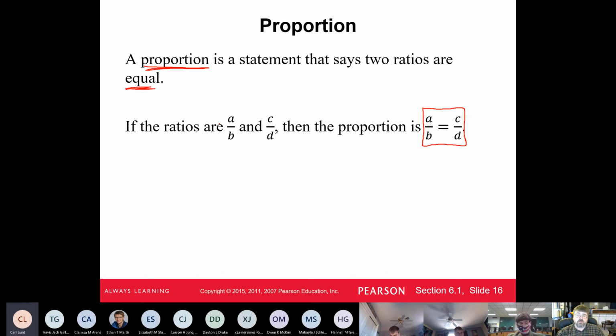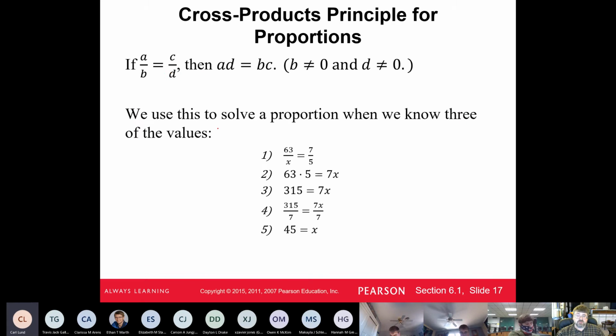We solve proportions by cross multiplication. If A over B equals C over D, then it's true that the product A times D equals the product B times C. This is one of the few times when we actually do cross multiply. Sometimes people get cross multiply happy in math because it's kind of fun.